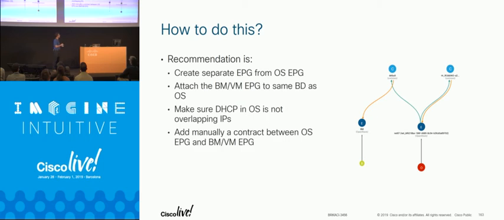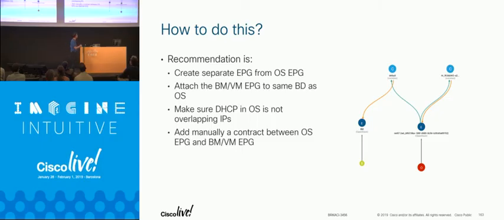This is another endpoint group. And you create a contract. So the ACI administrator will add a contract to allow connectivity from my OpenStack virtual machine and any other type of workloads which exist and have been attached to the other endpoint group.